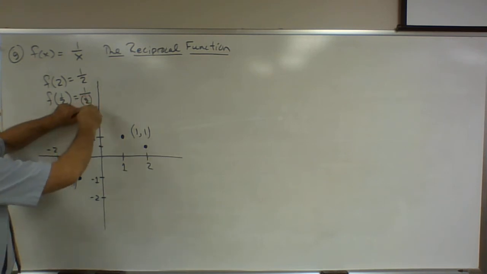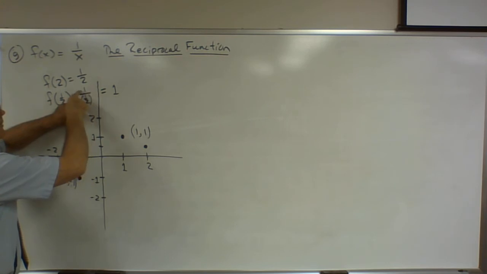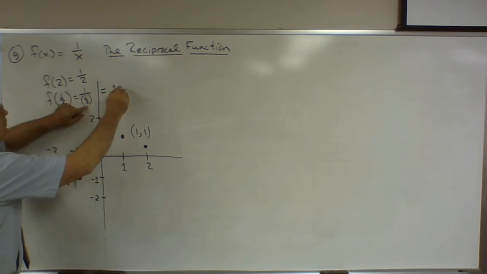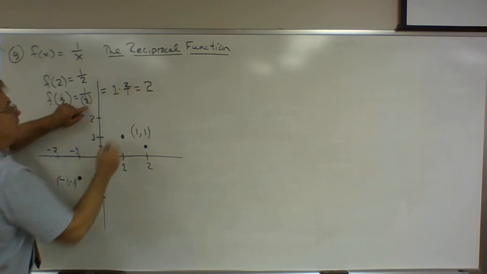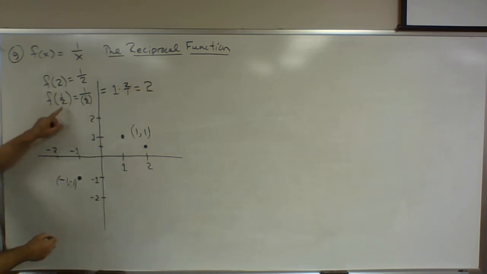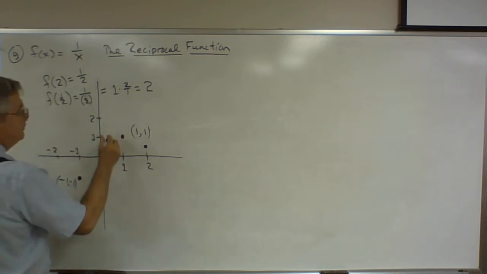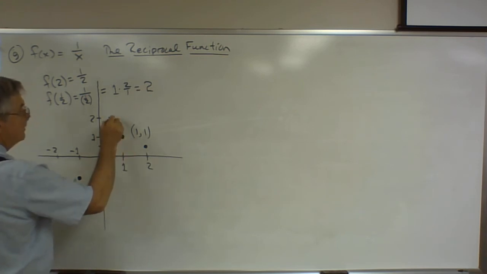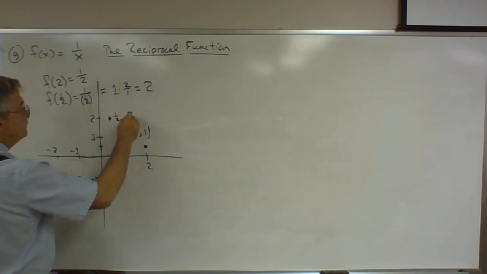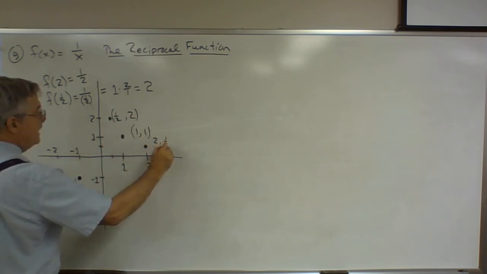And when I divide by a fraction, isn't that the same thing as taking the numerator and multiplying by the reciprocal? So I'm going to get 2. When x is 1/2, y equals f evaluated at 1/2, which is 2. So, okay, 1/2, 2. And this point is 2, 1/2.